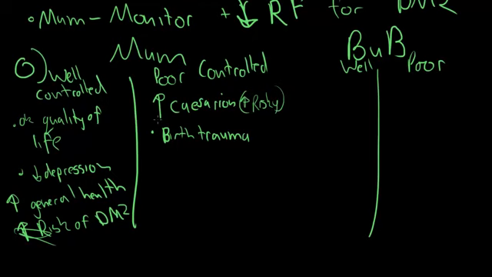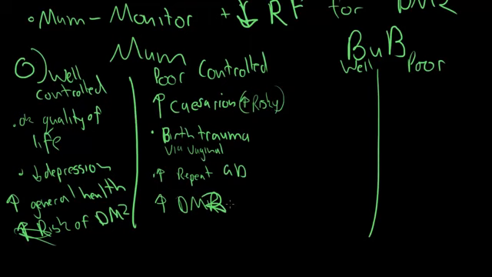So birth trauma via vaginal, and you also have an increased risk for repeat gestational diabetes. They also have that greater risk of an increase in diabetes type 2. I'm not sure if it's because of the shared risk factors or specifically because of the gestational diabetes. I had a bit of a look, but really couldn't find much.